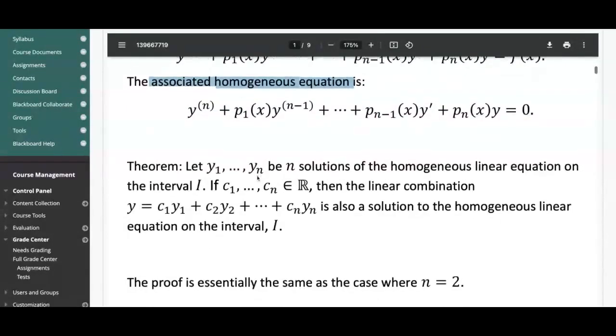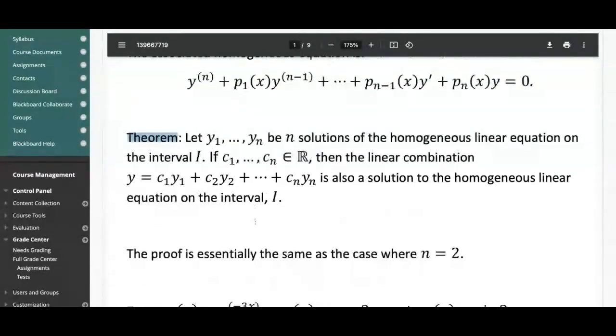Okay, theorem. Let y1, y2, y3 up to yn be n solutions of the homogeneous linear equation on the interval I. All this is to be mathematically correct, because whenever you work with derivatives, the domain has to be an open interval, because otherwise you wouldn't be able to take derivatives on the boundary.